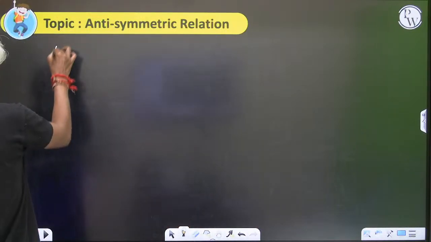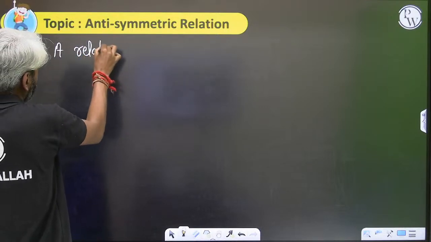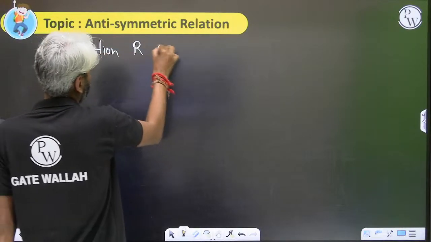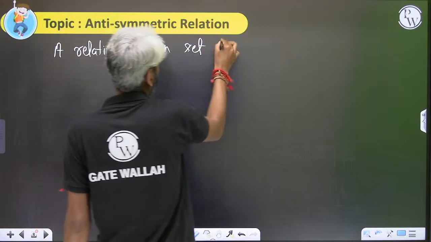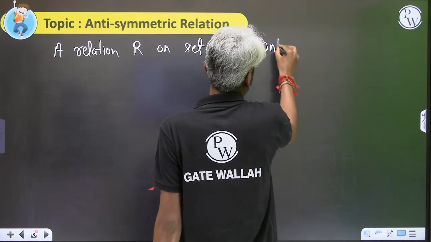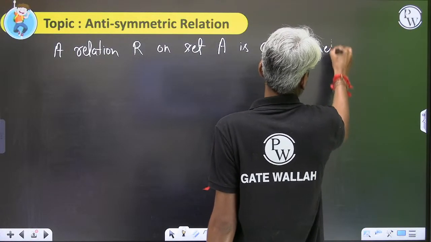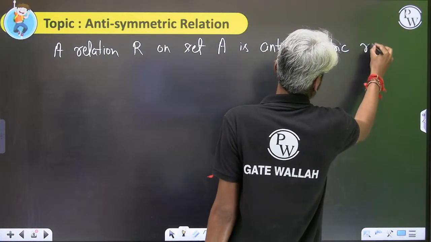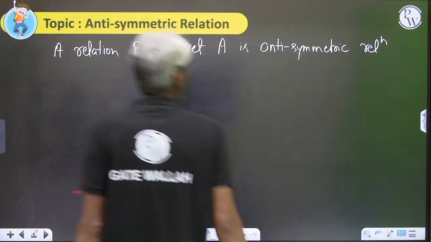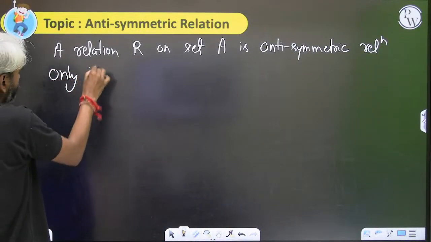A relation R on set A is an antisymmetric relation only if a certain condition is satisfied. What condition?